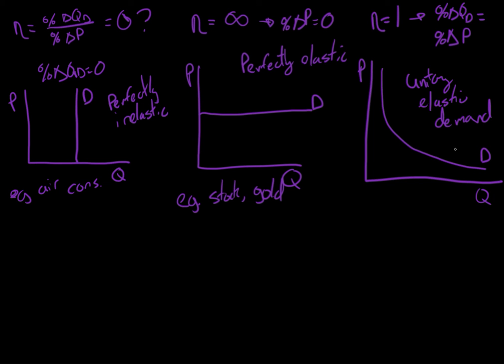Naturally, we're not going to those extremes. We're going to be discussing 2 main categories. So what are my 2 main categories? Well, I'll either have a good that is inelastic or a good that is elastic.